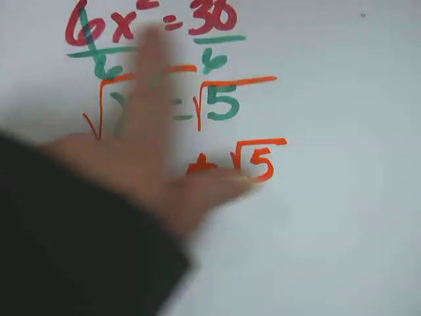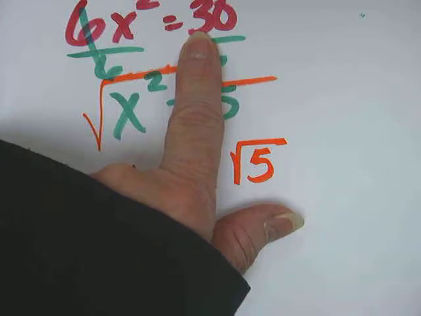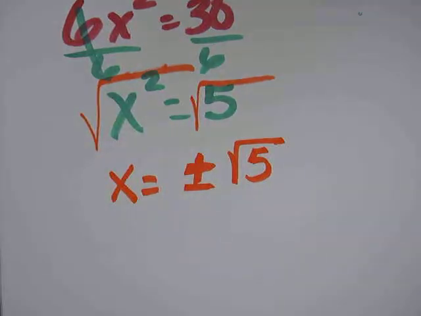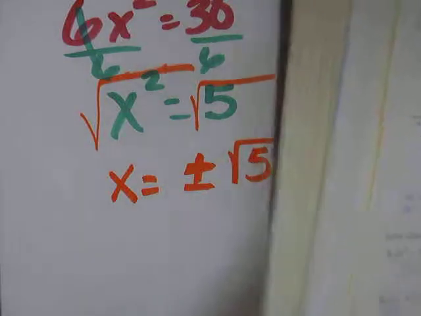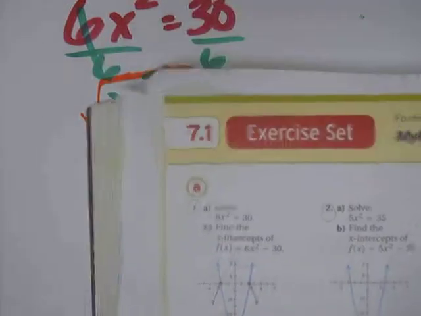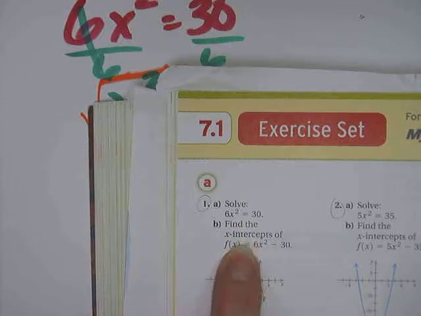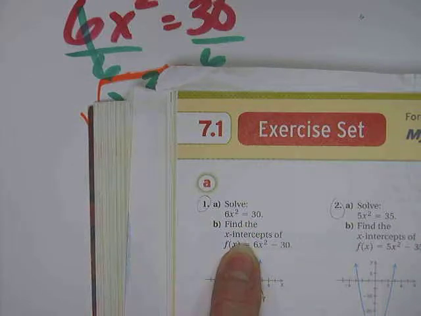So when we solve this, that would be the x-intercepts of this graph. That's where it's going to cross the x-axis.